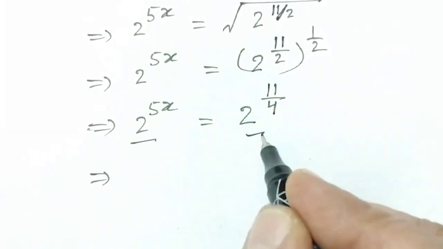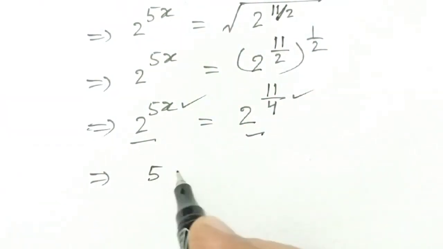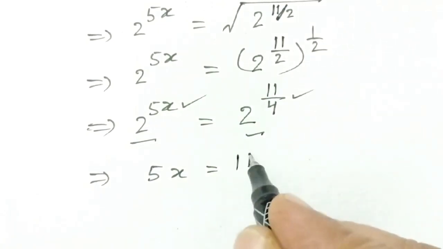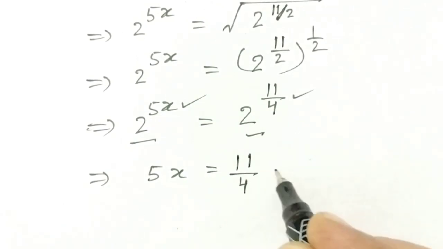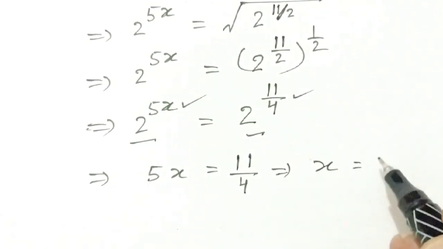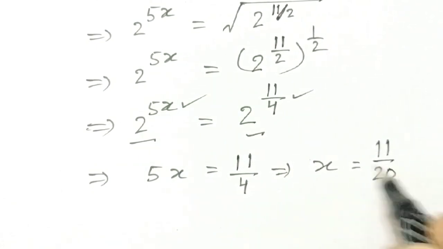Now we have same base, so power will be same. 5x is equal to 11 over 4, right? So x will be equal to 11 over 20.